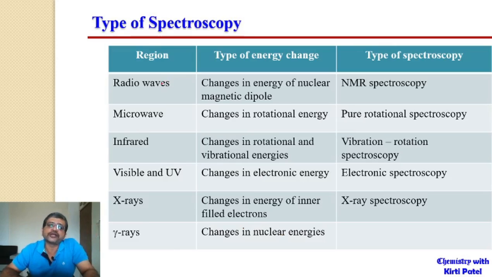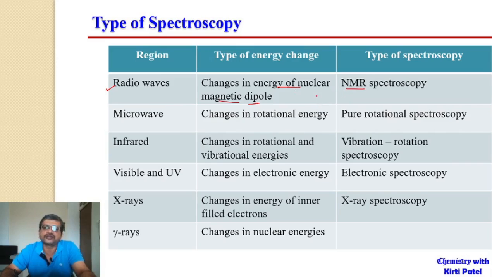Then the types of spectroscopies associated with the electromagnetic radiation. When we are using radio waves, these radio waves are capable of changing the energy of the nuclear magnetic dipole. Means कि nucleus को वो rotations ला सकते हैं. So spin जो उसका quantum number है उसको वो change कर सकते हैं radio waves, और उससे ज़्यादा उसमें energy नहीं होती है. So this gives rise to nuclear magnetic resonance spectroscopy.